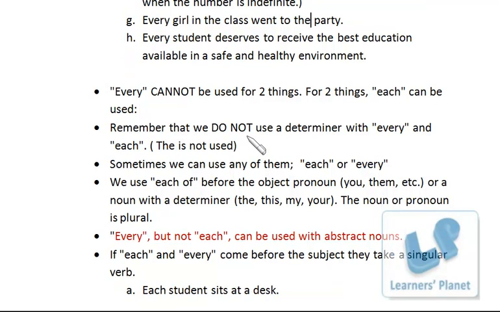Okay. If each and every come before the subject, they take a singular verb. Each student sits at a desk. Each student. Now student is singular over here, and that's why we are using a singular verb over here, right? Each student sits at a desk.